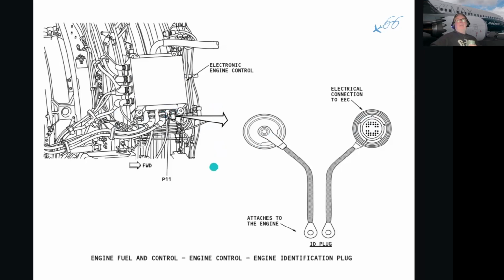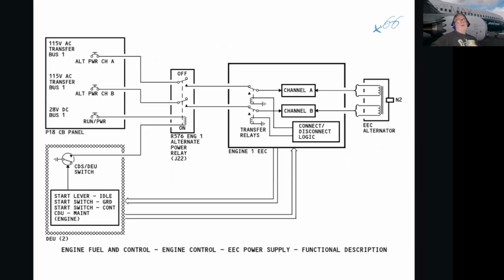So on the right hand side of the fan case, and connects to the P11 connector. All right. This is as complicated as we're going to go. Just thought I'd put it in just to show you how the EEC is always powered.